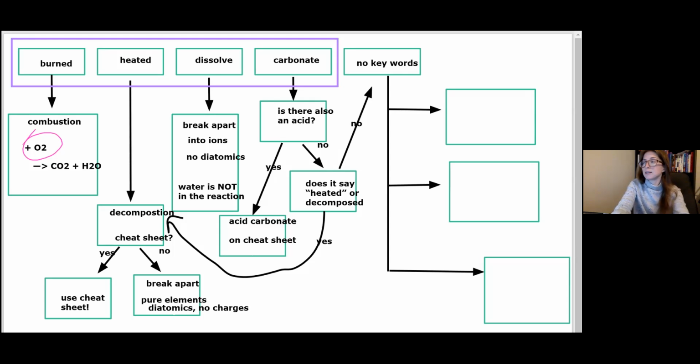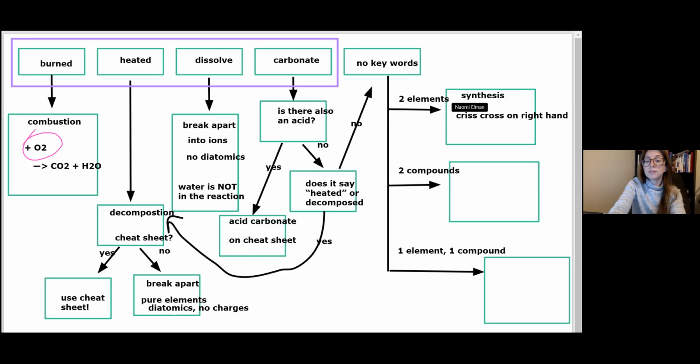We either are dealing with 2 elements, sodium and oxygen, nitrogen and magnesium, whatever, or we're dealing with two compounds, or we're dealing with one of each, one element, one compound. If it's two elements, we're talking about synthesis. All we have are the two elements on the left-hand side, so our only option on the right-hand side is to squish them together. We crisscross them on the right-hand side.